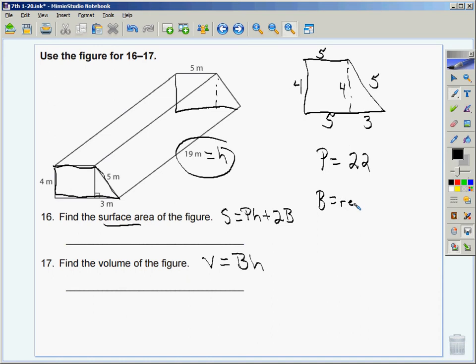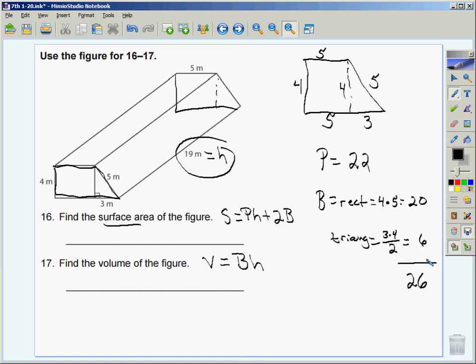I'm going to do the rectangle and the triangle and add the pieces together. Rectangle is 4 times 5, which is 20. The triangle is 3 times 4 divided by 2, which is 6.